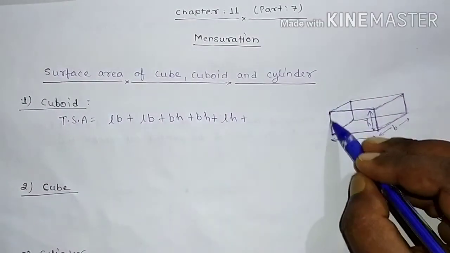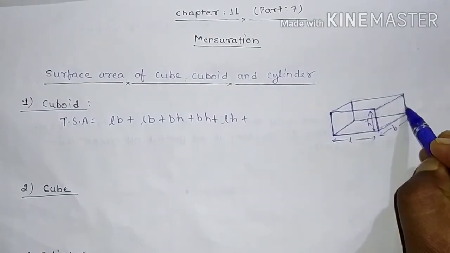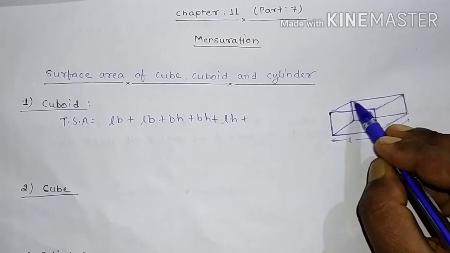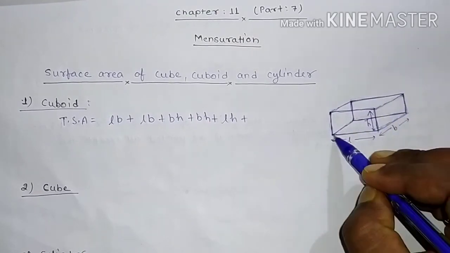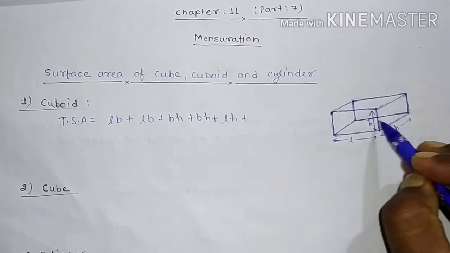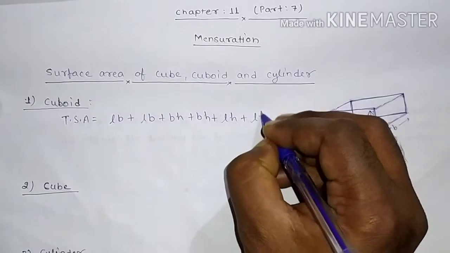Opposite to this surface, it is also L into H, because the length is L and the height is H. So this is also LH.